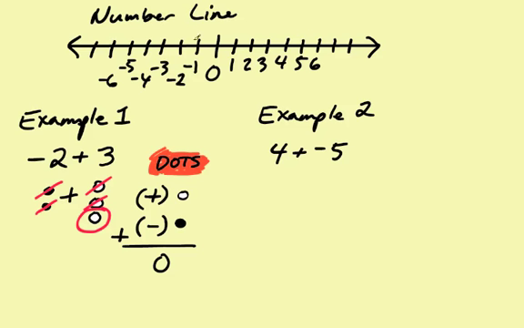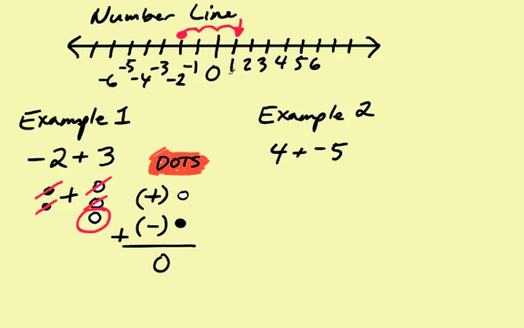So when we think about it, it's like we're starting at -2 on the number line right here, and we're adding 3 spots that make us go to the right. 1, 2, 3. And then we are left with the final answer, which is +1. So we start at -2, and then we add 3 steps to the right because the right is positive. 1, 2, 3.